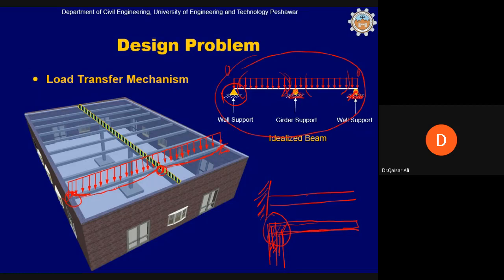This idealized beam model should represent the behavior of the physical structure as closely as possible. So what is the physical or actual behavior of the structure? The beam will come down, and the beam cannot come down at this point.